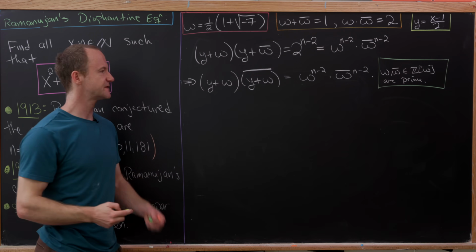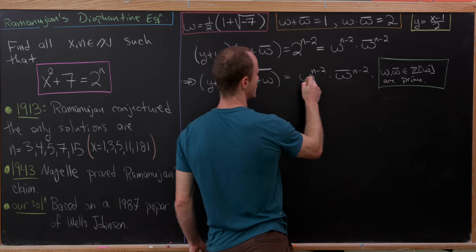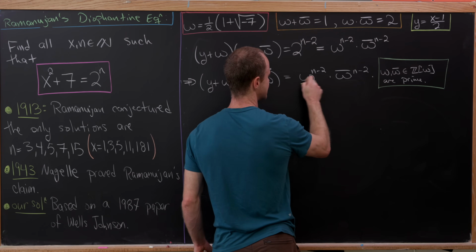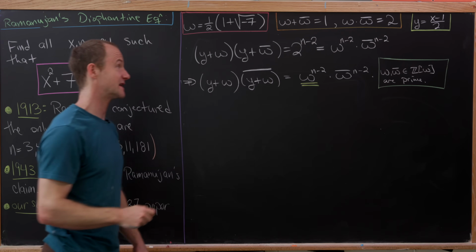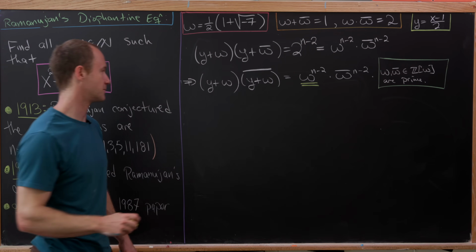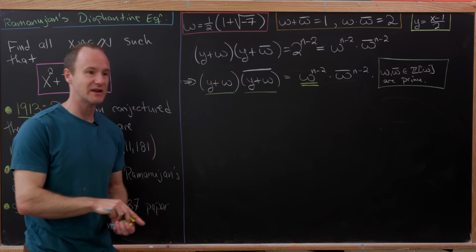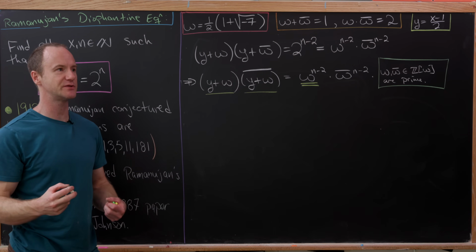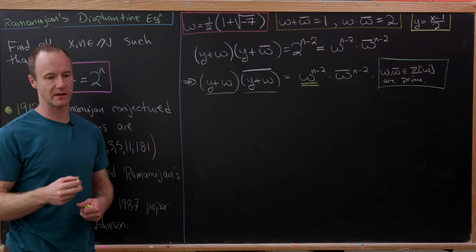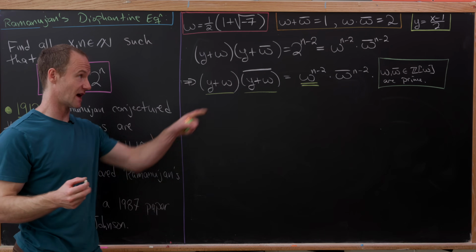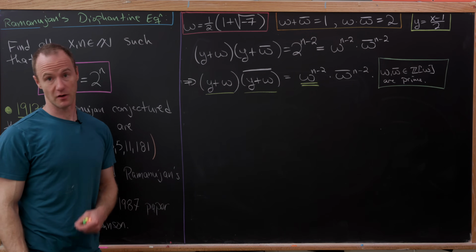And now we're going to look at this factorization and see which term on the left is gobbling up this omega to the n minus 2 term. So it could either be this or this. Well, maybe not exactly those, but those up to multiplication by invertible elements, but the only invertible elements inside of Z adjoin omega are plus minus 1.